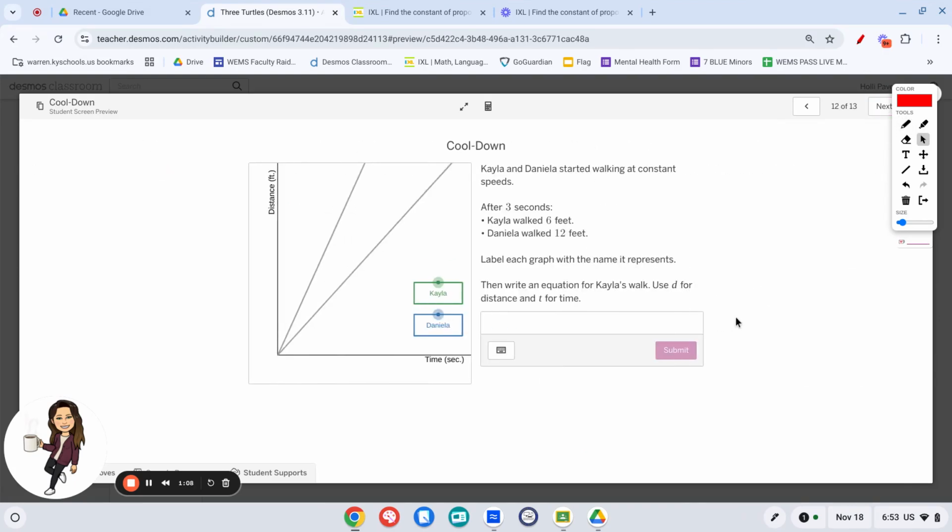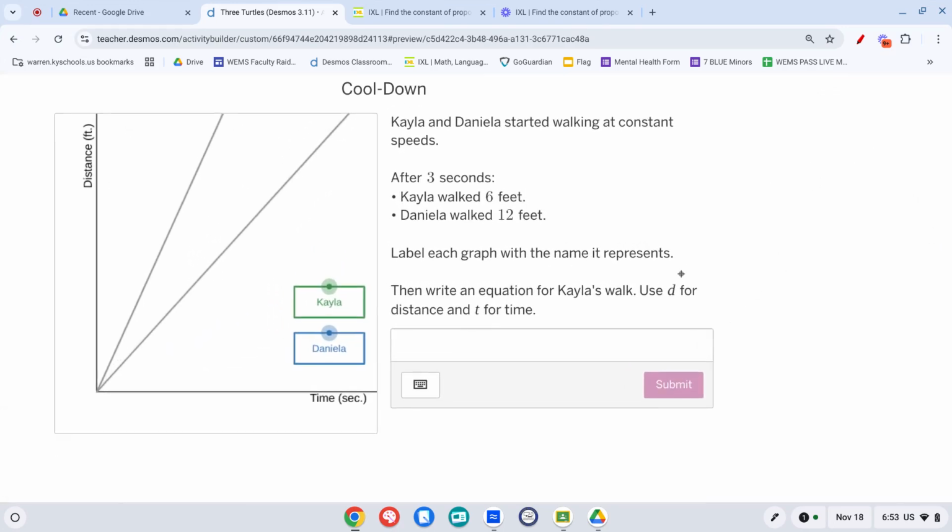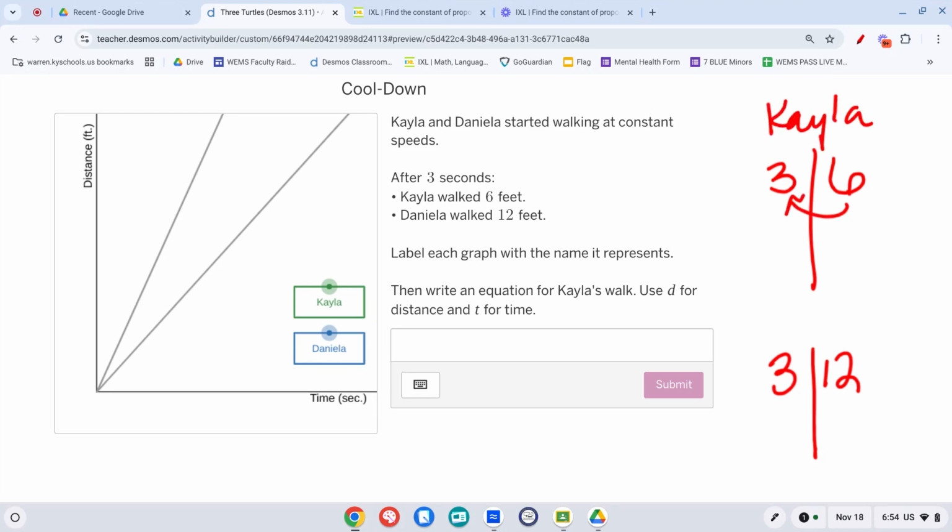In this cool down, we talked about how you might be given information and have to match it to one of the lines. So it says, after 3 seconds, Kayla walked 6. So Kayla is 3 and 6. Daniela, after 3 seconds, walked 12 feet. So this is Kayla, this is Daniela.